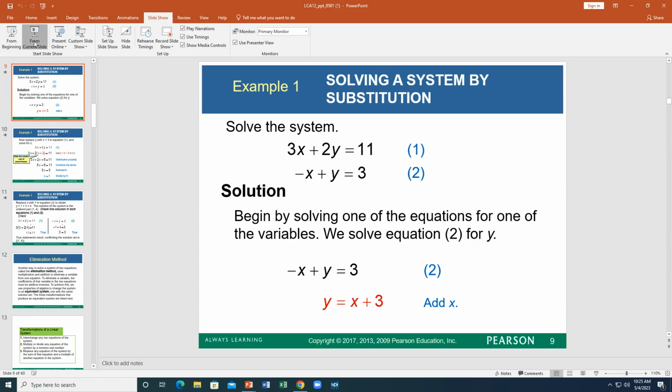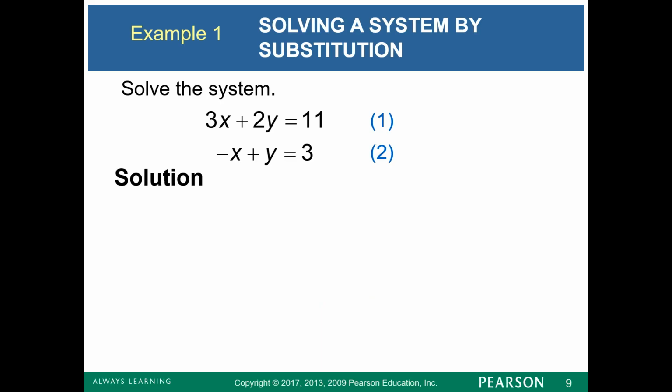So if you want to solve this system using the substitution method, you just find the value of one variable in terms of the other. So you have a system 3x plus 2y equal to 11 and negative x plus y equal to 3, right? So let's say this is equation 1 and this is equation 2.